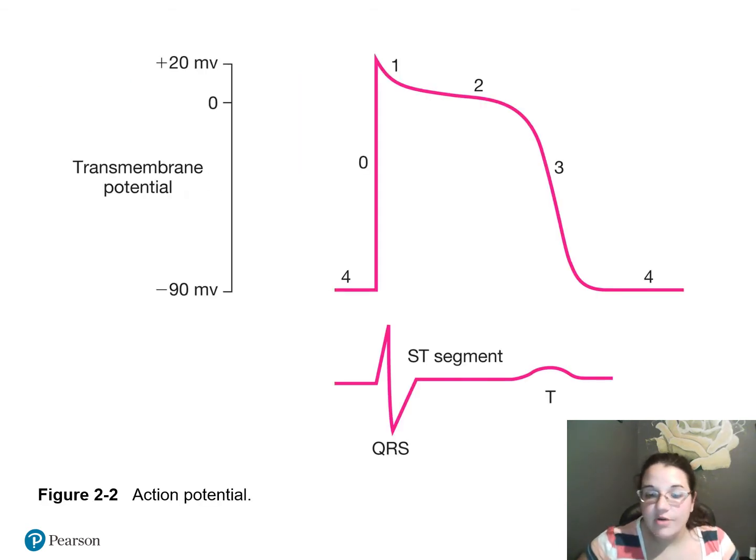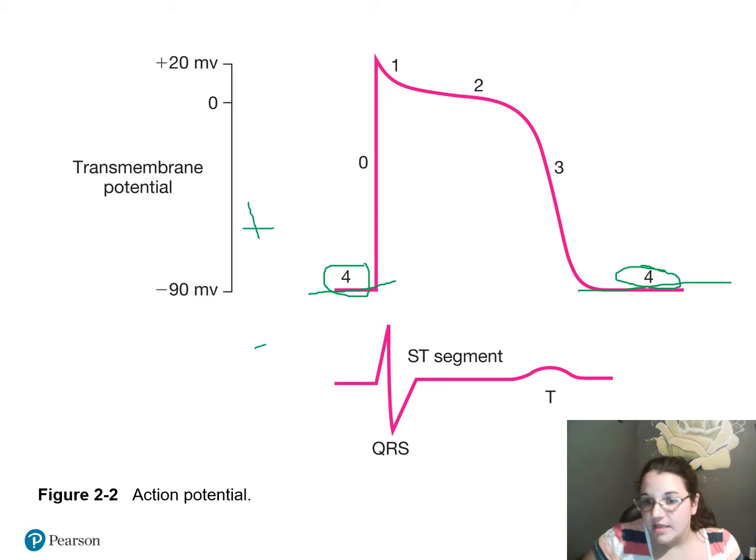Alright, so here you are. I'm going to stick with green. So we notice we have phase 4 right here. And where is phase 4 located? It is located on a flat line. I want you to imagine this as a timeline. Positive above the line, negative below.